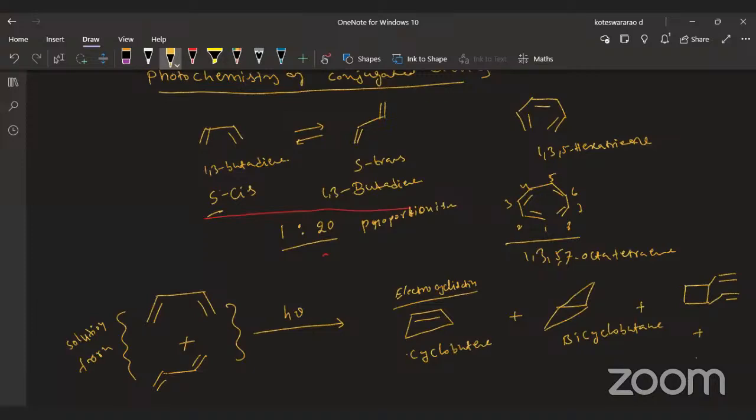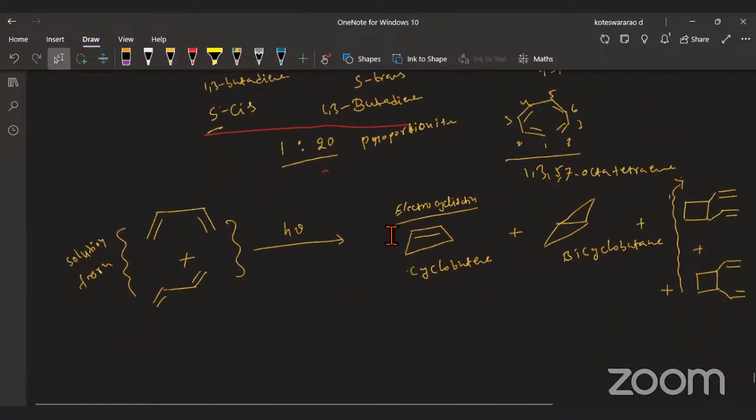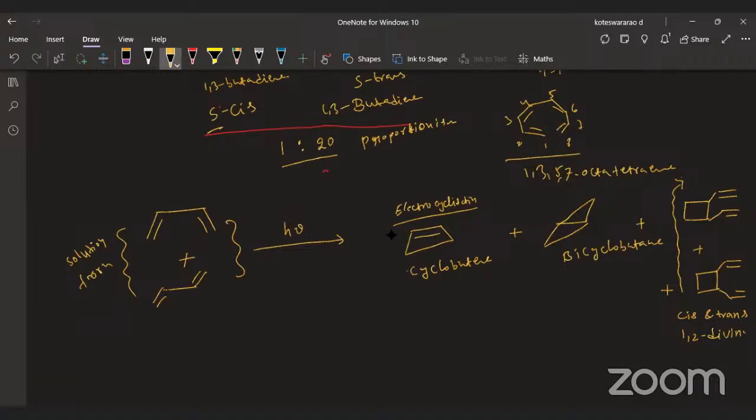This is one isomer, this is the next isomer, and these two compounds are named cis and trans 1,2-divinylcyclobutane. Along with these four products, another product is 2-vinylbicyclo[3.1.0]hexane.